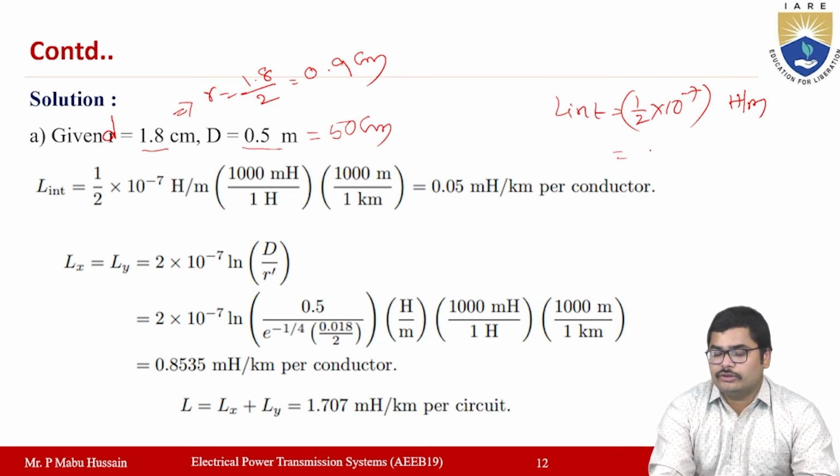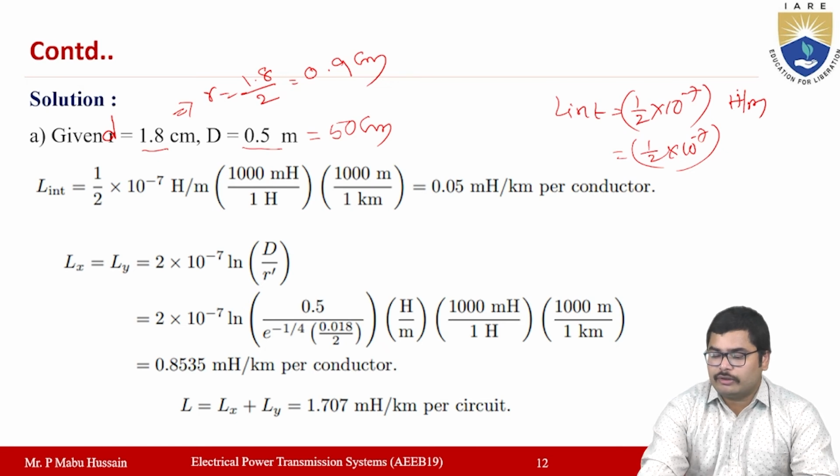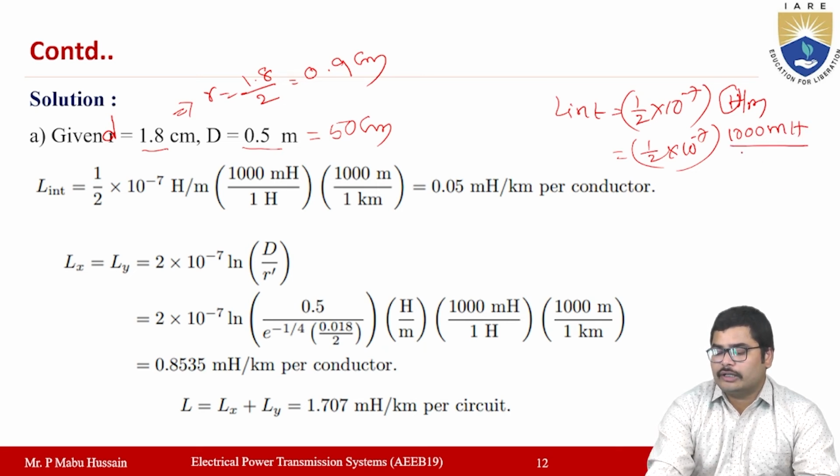Now you have to convert this henries per meter into millihenries per kilometer. If you convert henries to millihenries, you get 1000 millihenries, and if you convert meters into kilometers, you get 1 by 1000 or 10 power minus 3 kilometers.